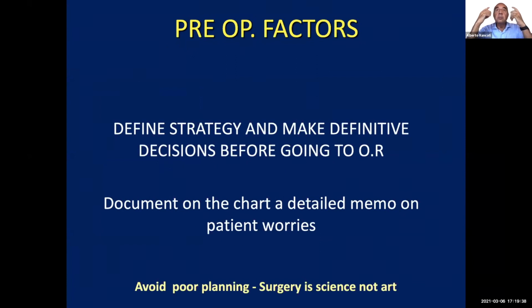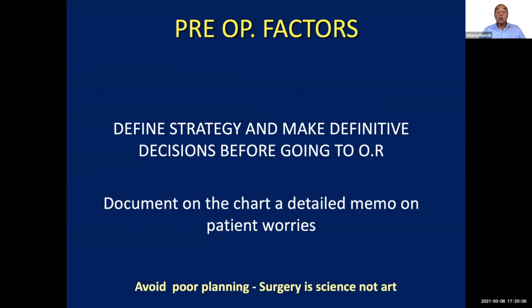You must execute your decisions in the operating room to reduce times and reduce complications. But the decisions are made previously to that. And most of the conflicts you have after this is because you are trying to deal with a problem during surgery. And that's because you have not visualized and decided previously.